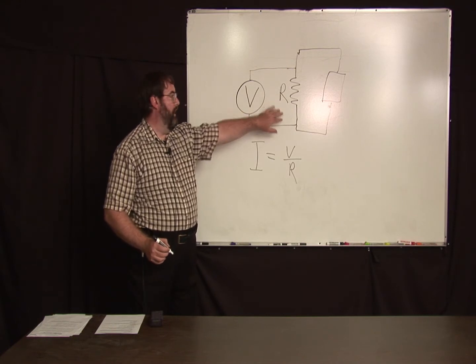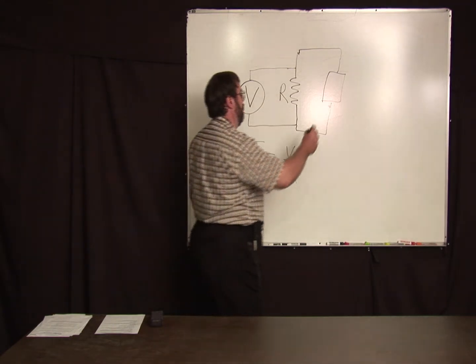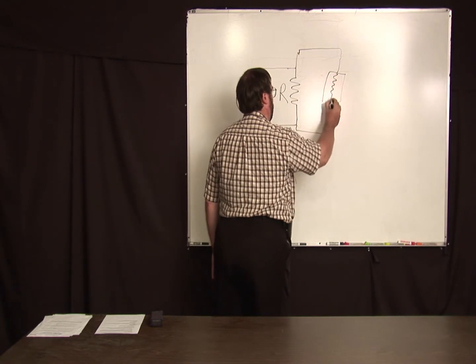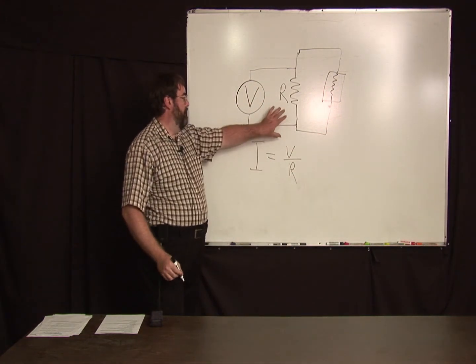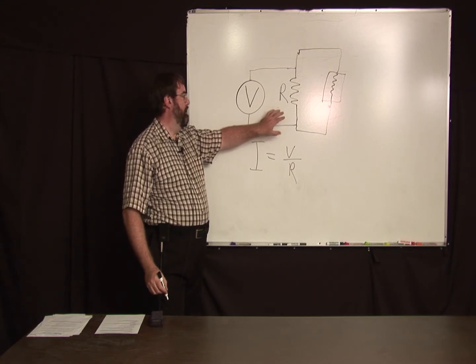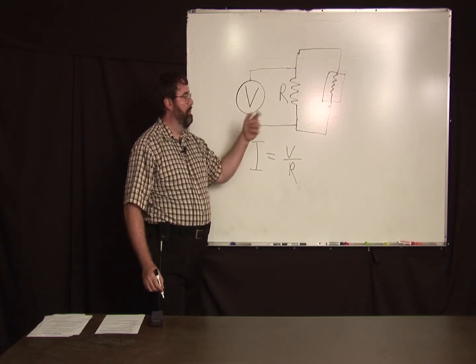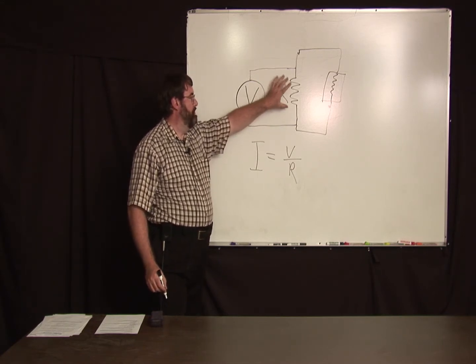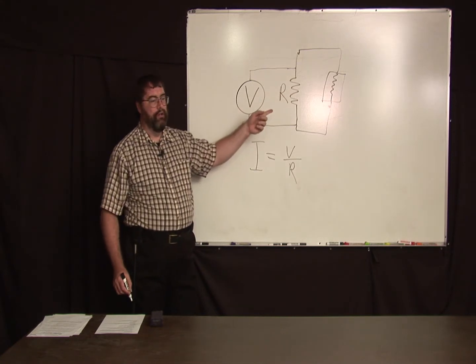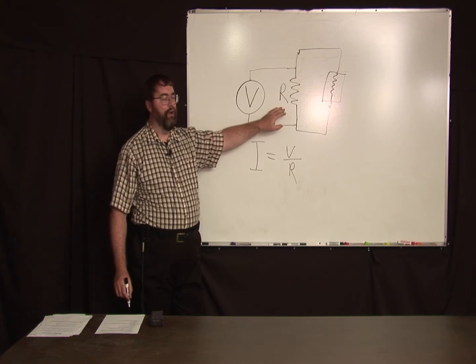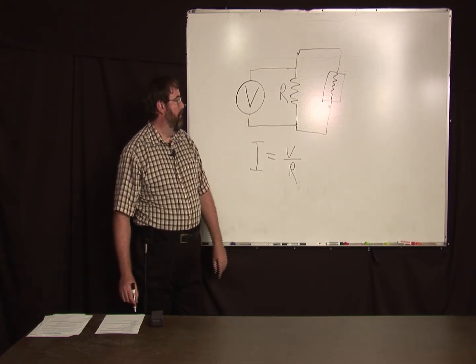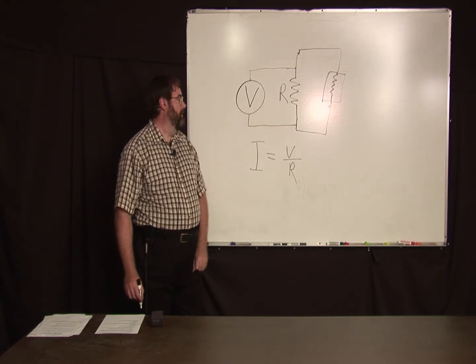Now again, in reality, the rest of the circuit has some resistance to it. In the case of current measuring, these are typically called current shunts. Whatever resistance you put across here to measure the current, you want this resistance as small as possible so that it won't affect the circuit you're trying to measure.